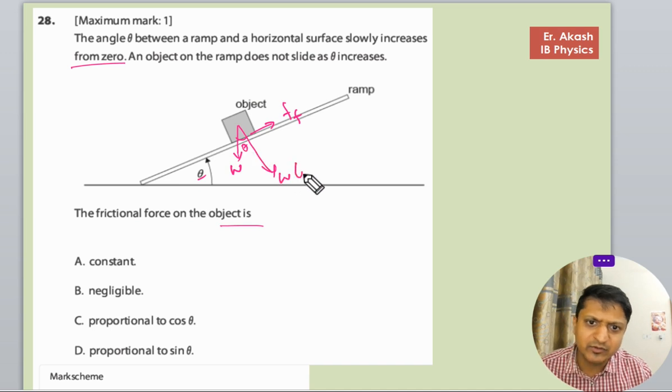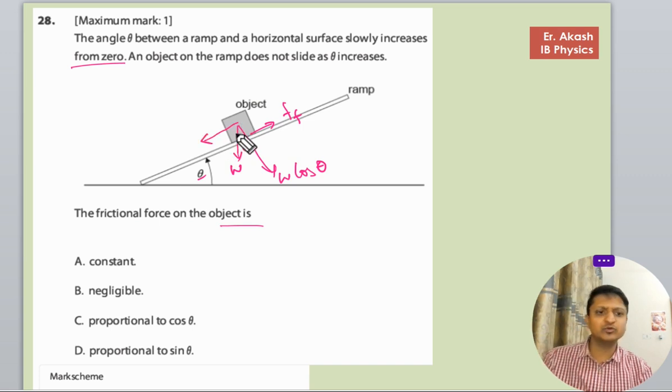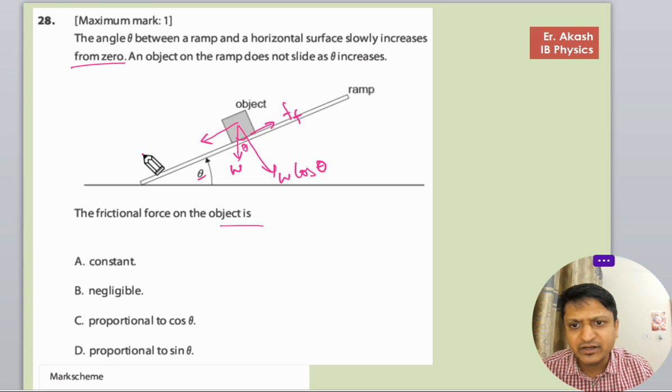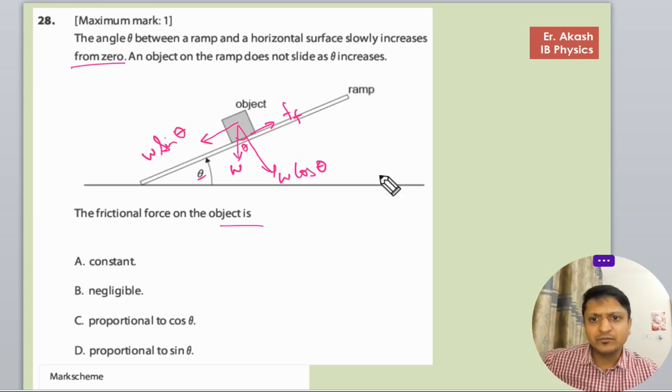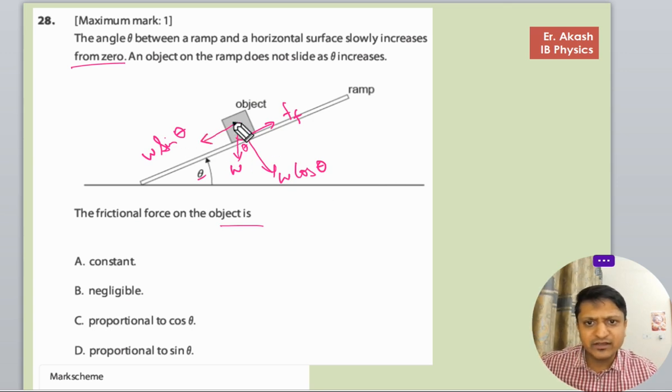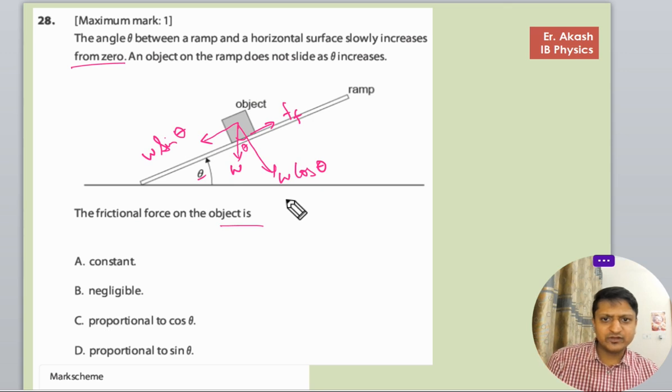So this is W cos theta, and the force that will push the object downwards will be W sin theta.